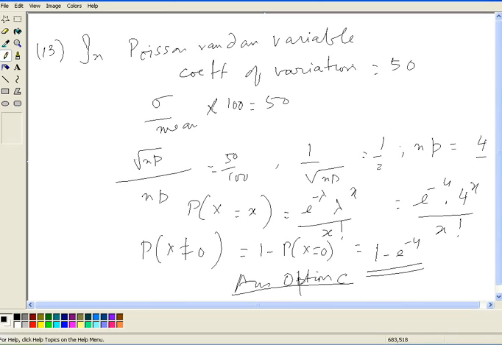At x equal to 0, we know that lambda is nothing but np, which is 4. When you substitute the relevant values and x being equal to 0, you get e power minus 4. So probability of x not equal to 0 would be given by 1 minus e power minus 4. So it is option C.